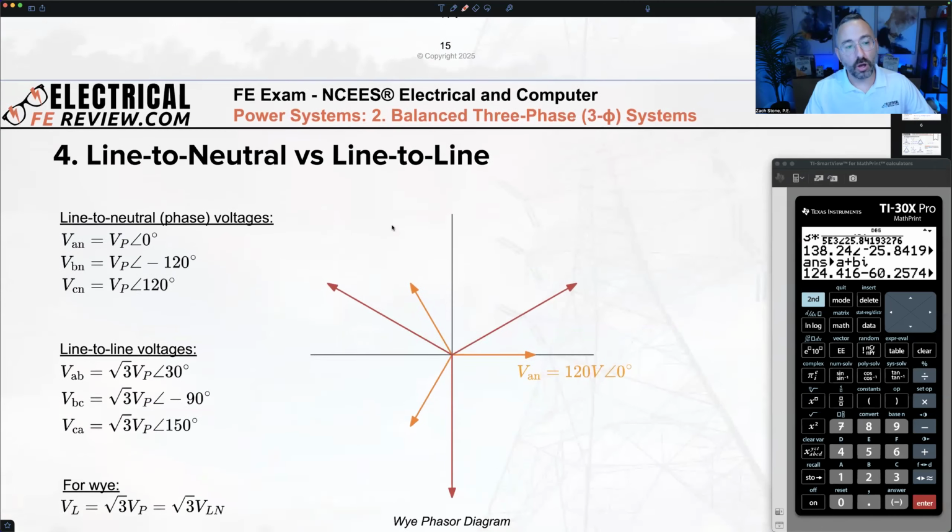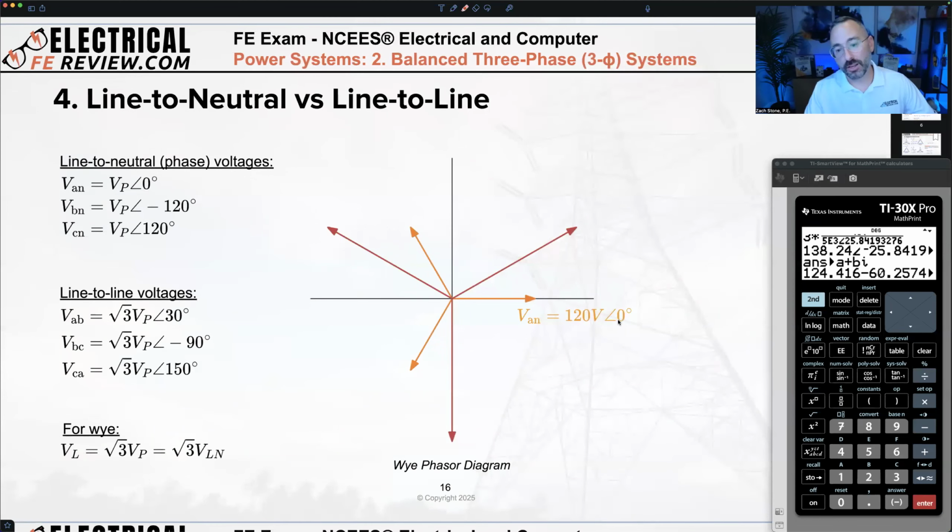And then we'll draw out a phasor diagram together using a reference angle of 0 degrees for our A to neutral voltage. We'll use just our A to neutral voltage to figure out B to neutral, C to neutral. And then again, we'll use our A phase voltage to get our A line voltage, B line voltage, and C line voltage.